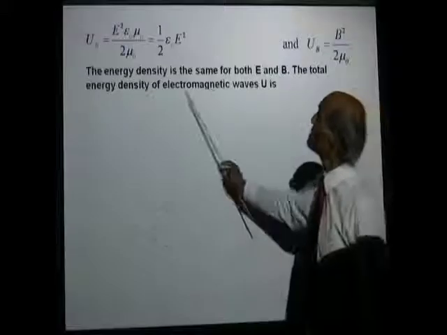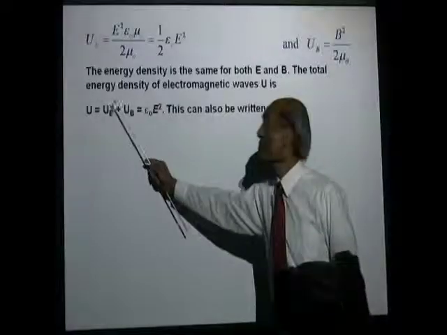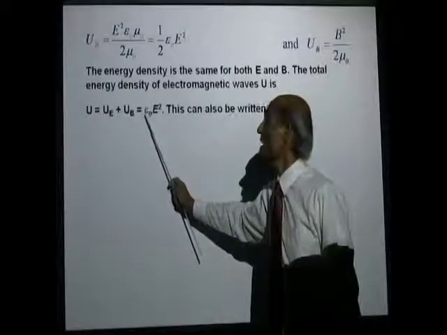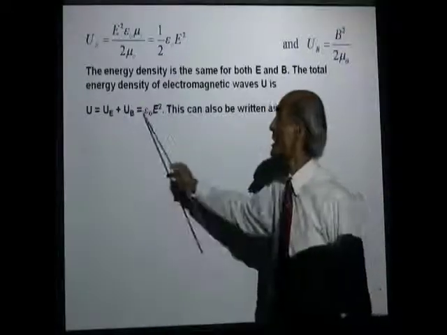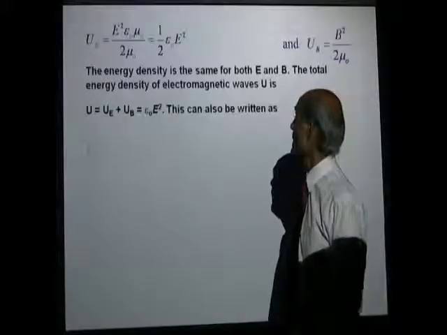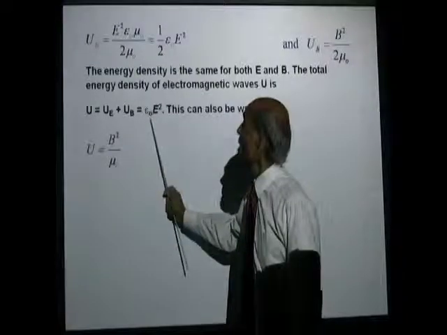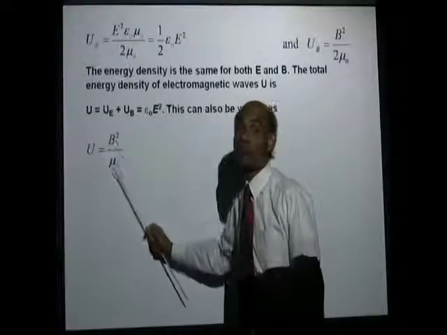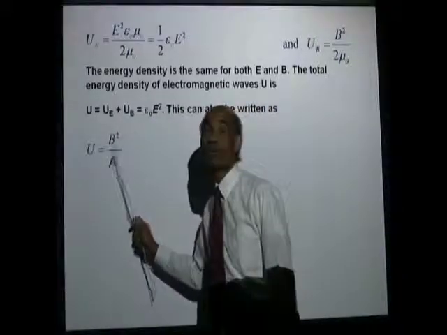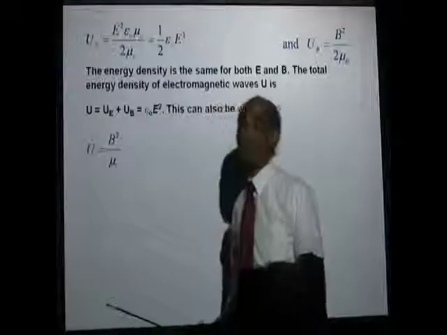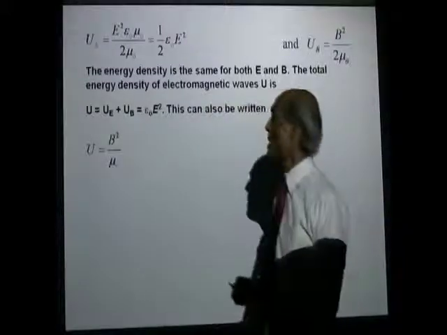The total energy density, therefore, of the electromagnetic wave U is the sum of the two, UE plus UB. That is 1/2 epsilon naught E squared plus 1/2 epsilon naught E squared, which is epsilon naught E squared. And you can write this also as B squared over mu 0. Epsilon naught E squared and B squared over mu 0 are both the same, using the relation E equal to C times B. And of course C equal to 1 over square root of mu 0 times epsilon naught.